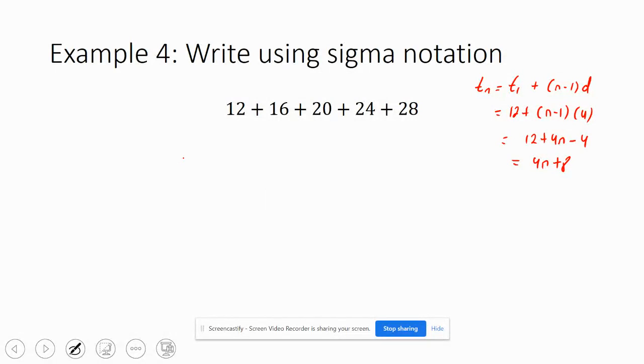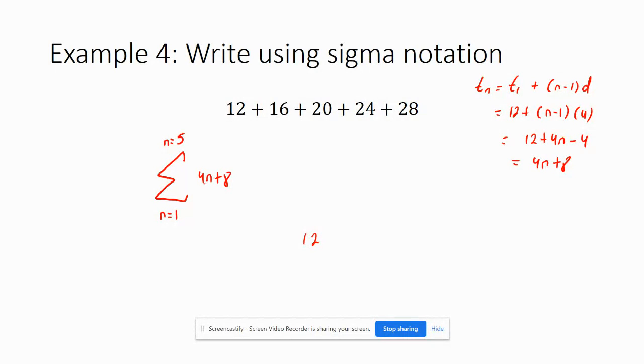So here's what we're going to do. There's my sigma sign. I have 1, 2, 3, 4, 5 terms, so I'm going to start from n equals 1 until n equals 5. Now I'm going to put my general term right here, which is 4n plus 8. For the sake of verifying this works: when n equals 1, 4 times 1 is 4, plus 8 is 12.